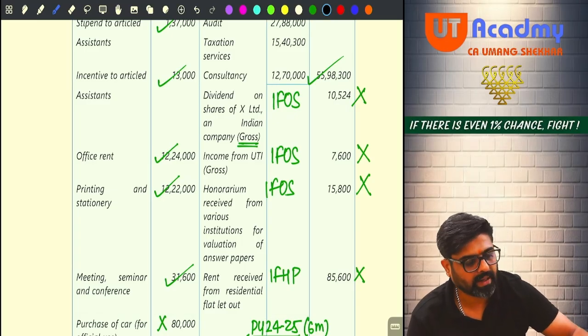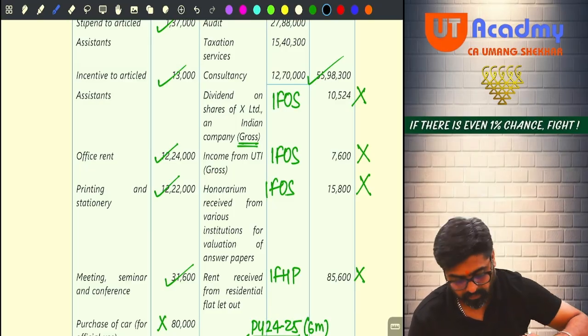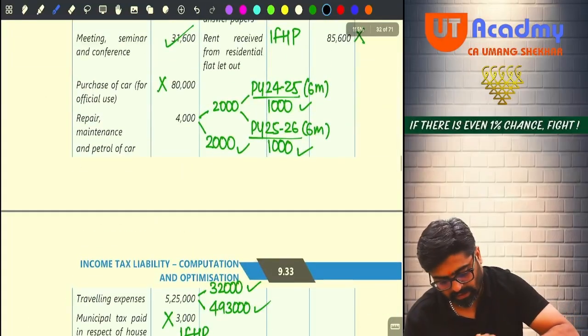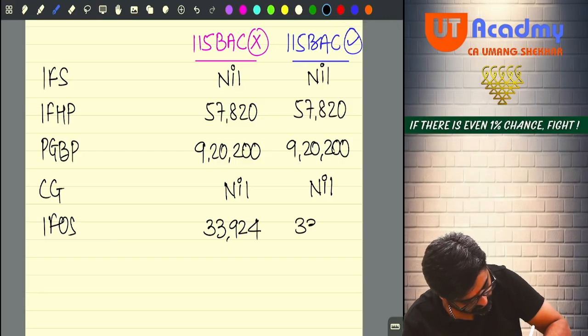And 15,800 is your honorarium, that is also taxable. So you are getting 33,924. This 33,924 will be your IFRS income.